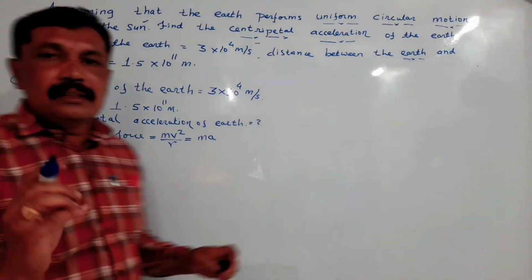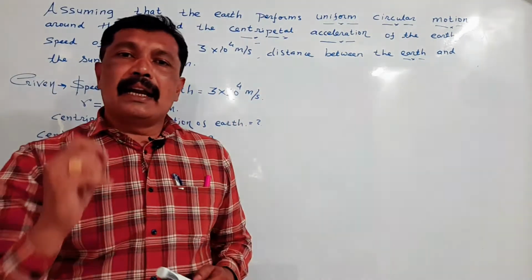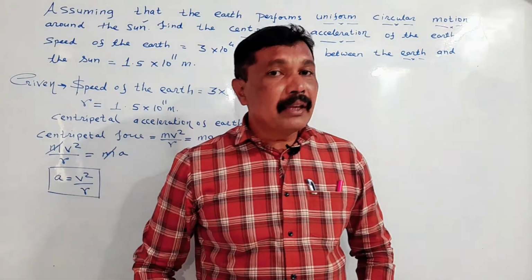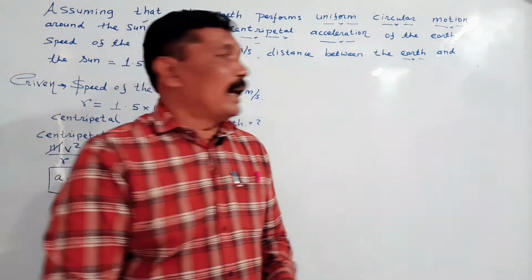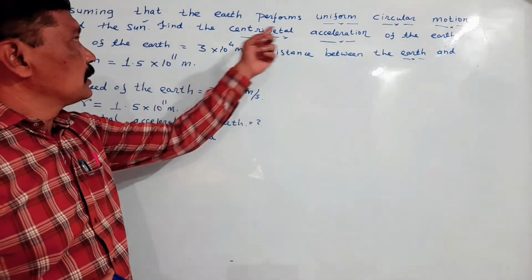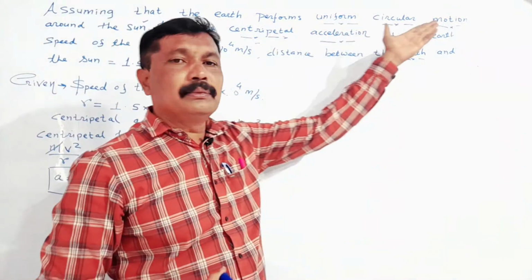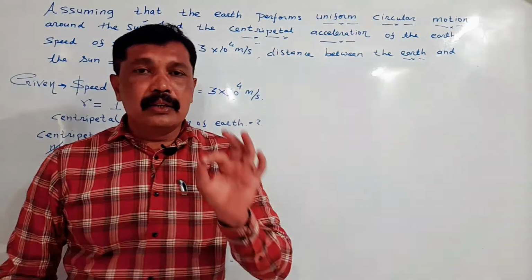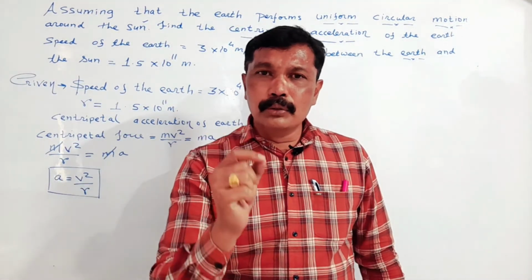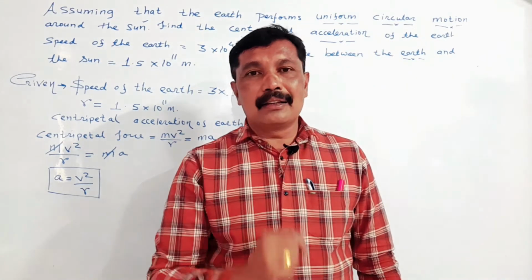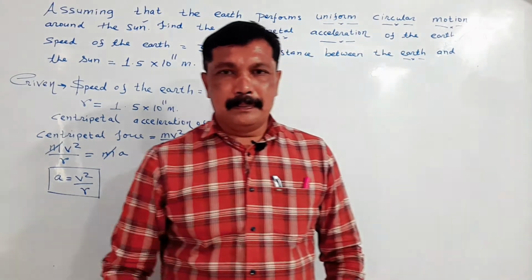Now, my dear student, in standard 8, we have studied uniform circular motion. And here, the earth is said to perform uniform circular motion. In uniform circular motion, the object moves in a circular path with constant speed.